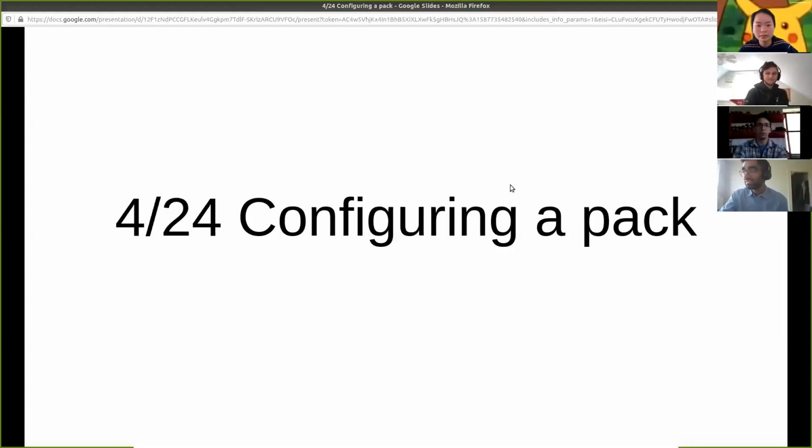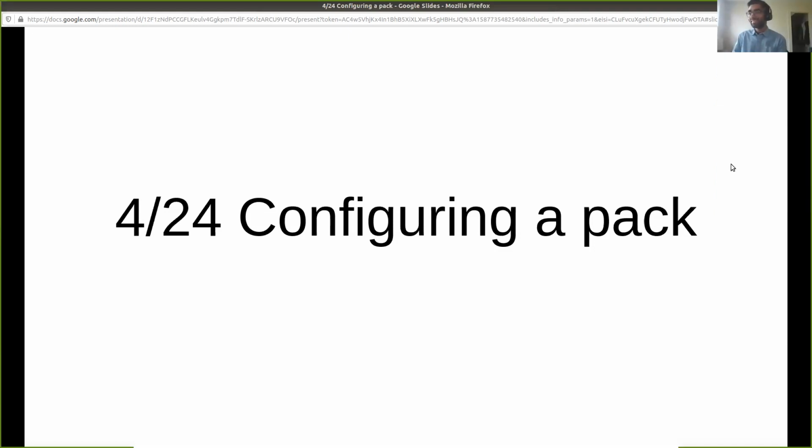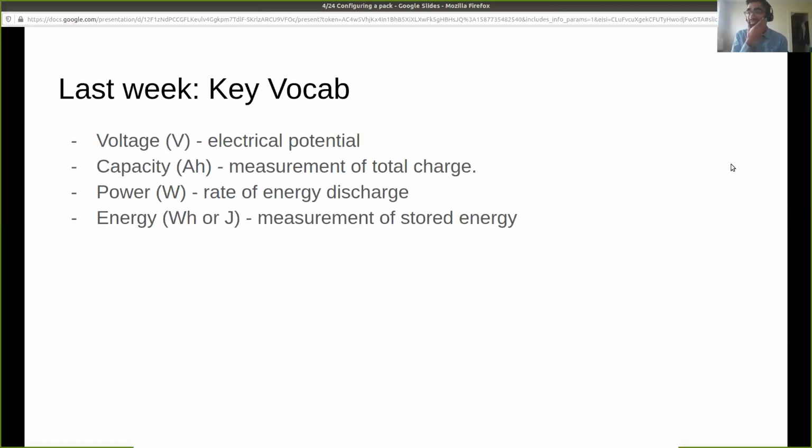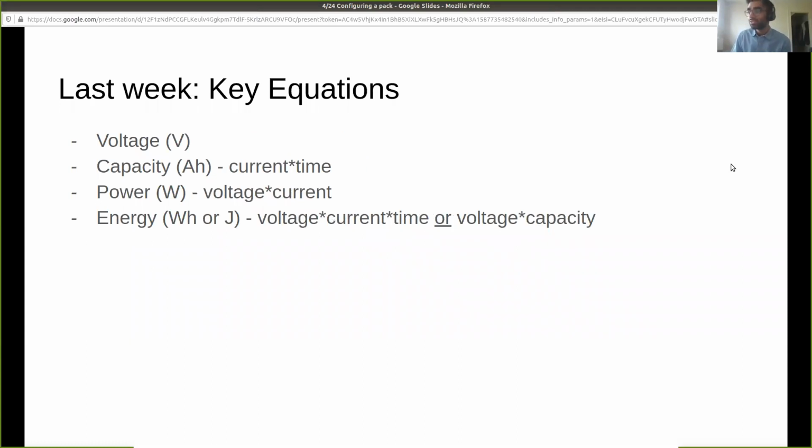So today is April 24th, and we're going to configure a battery pack. Last week we were talking about battery cells, and we had these four key vocab words related to the cell: voltage, capacity, power, and energy. We also talked about how you could calculate them.